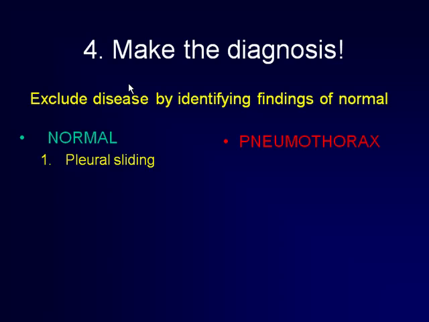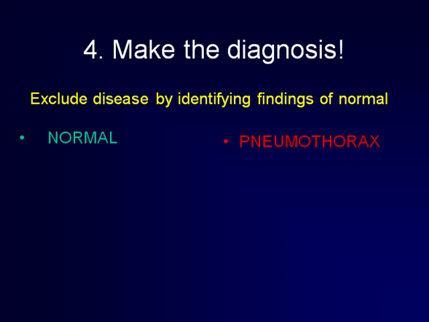The fourth and final step is, having identified the pleural line, to actually make the diagnosis from the information the pleural line gives you. This can be done by identifying normal findings which are present in expanded lung, and thus ruling out the presence of pneumothorax by identifying expanding lung.